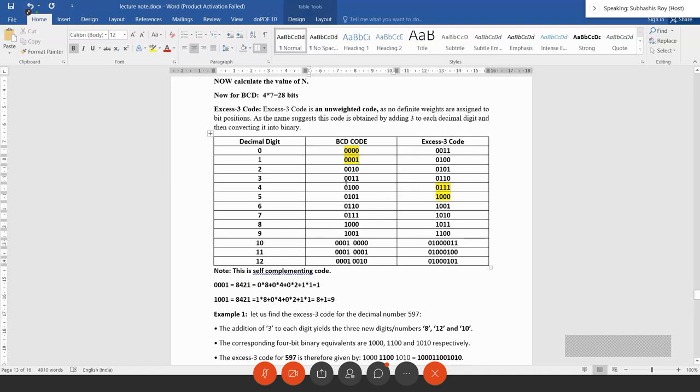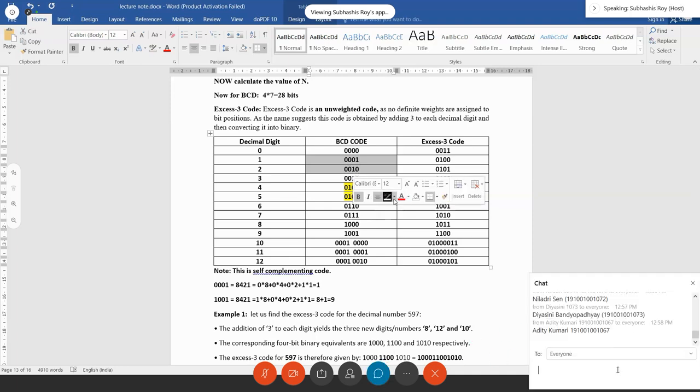Next, if I go from 4 to 5, what will be the Hamming distance? 1. But if I take a different example, let me take this example, 1 and 2.